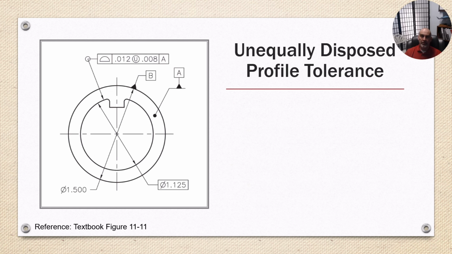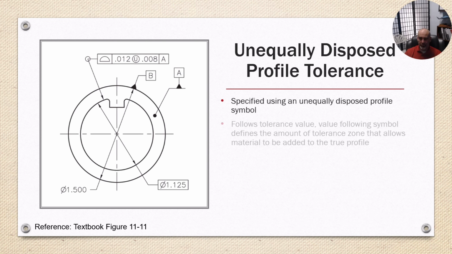Okay, unequally disposed profile tolerance. You have the U with a circle around it. It's specified with an unequally disposed profile symbol, and the tolerance value following the symbol defines the amount of tolerance zone that allows material to be added to the true profile.